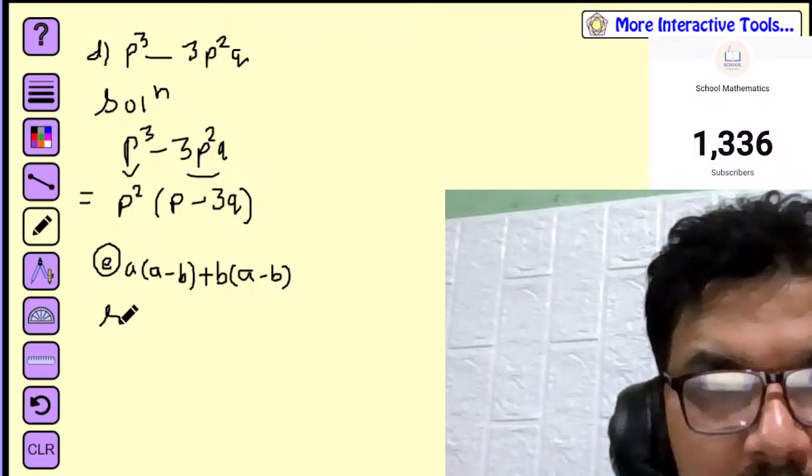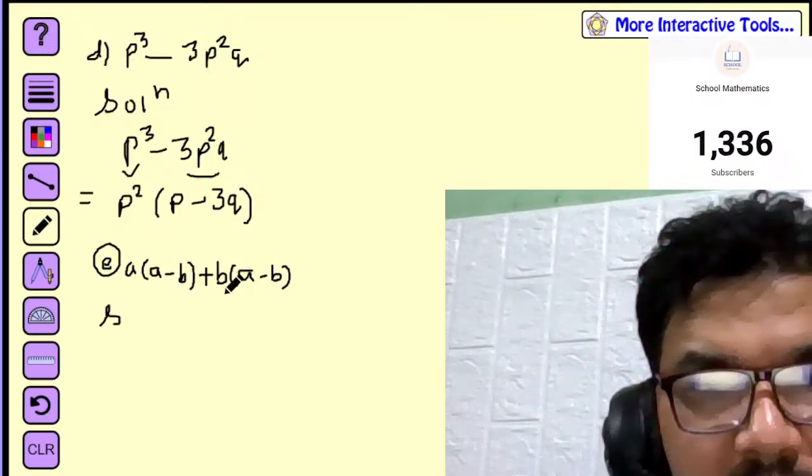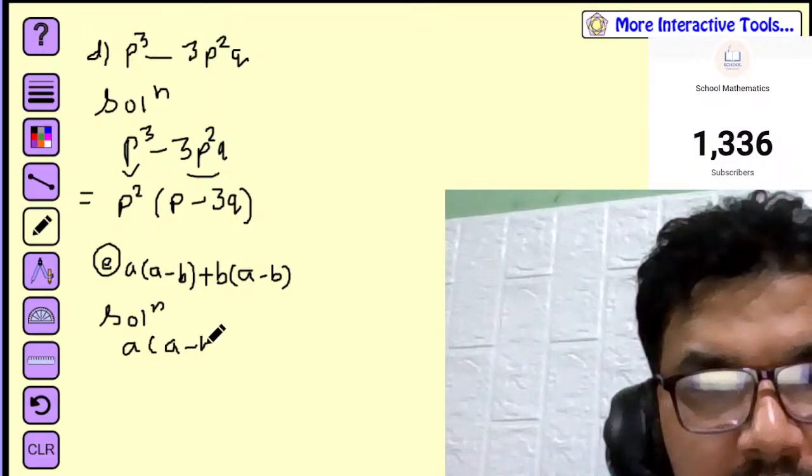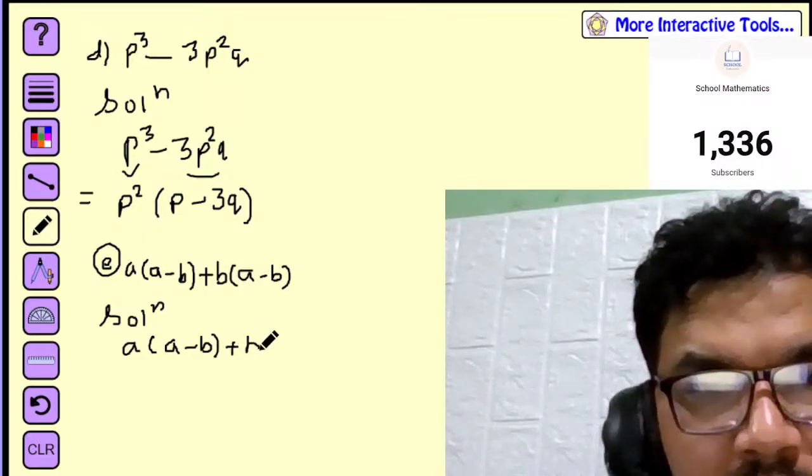In this condition, look at children, this is the first term and this is the second term. I write the question first and then look at the solution here: a multiplied by a minus b, and again plus b multiplied by a minus b.